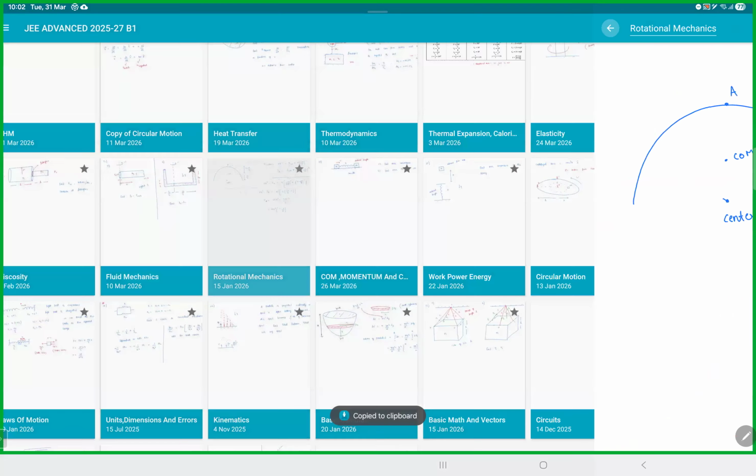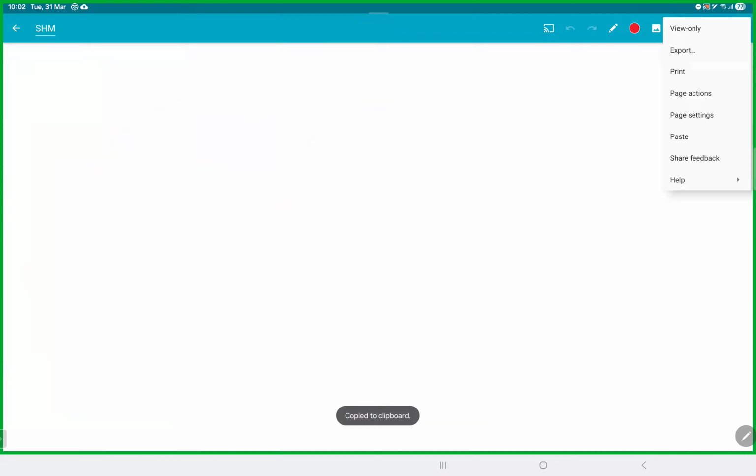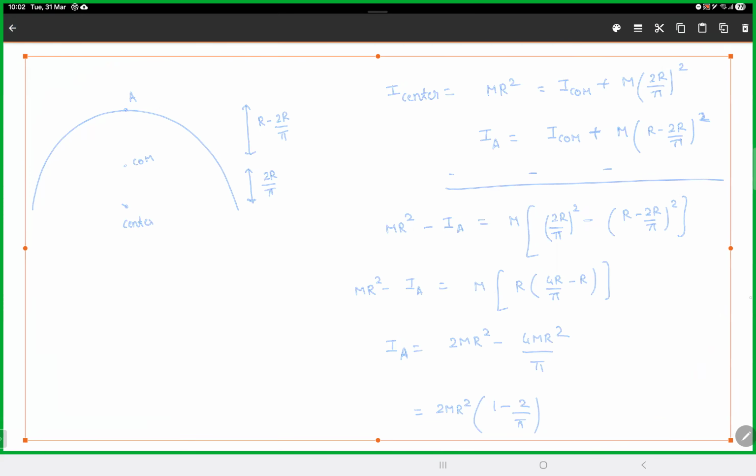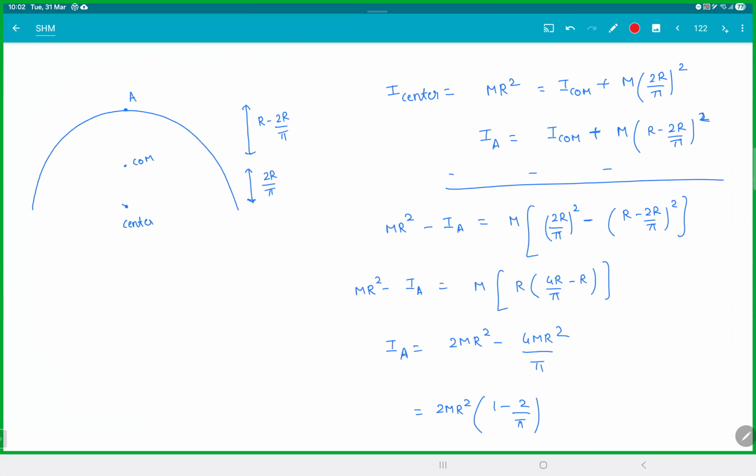So you can check it out. I'll just put it down directly here. That's your I about the hinge. And then you're done actually. And what about d here? d is the distance from here. So this is your small d.